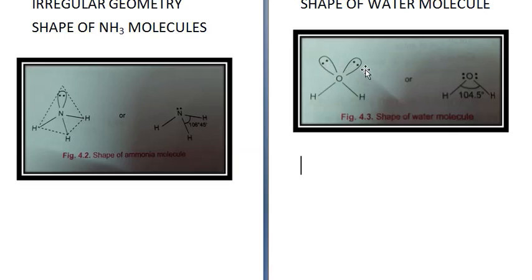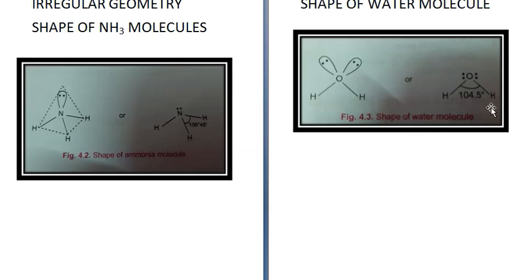So it should have tetrahedral geometry, but according to VSEPR theory, as lone pair repulsion is greater than lone pair-bond pair repulsion, which is greater than bond pair repulsion, the water molecule has a bent or angular, or you can say a V-shaped geometry.